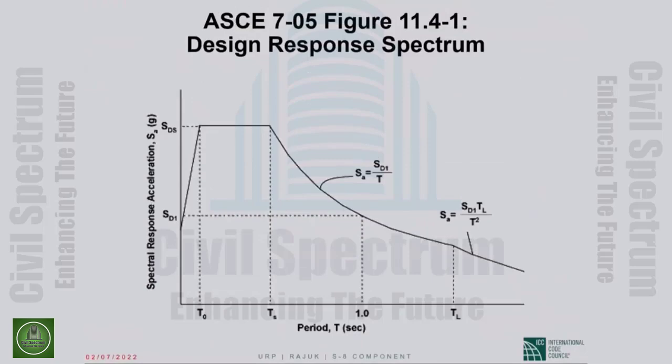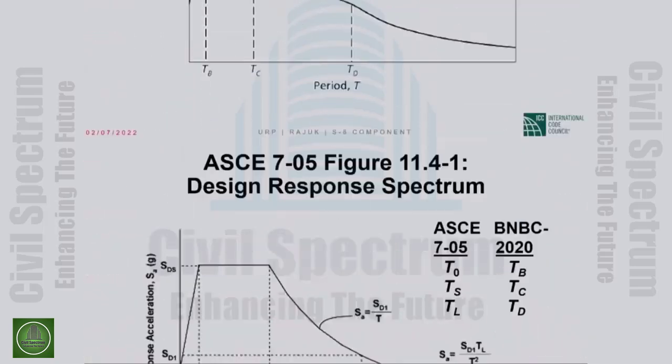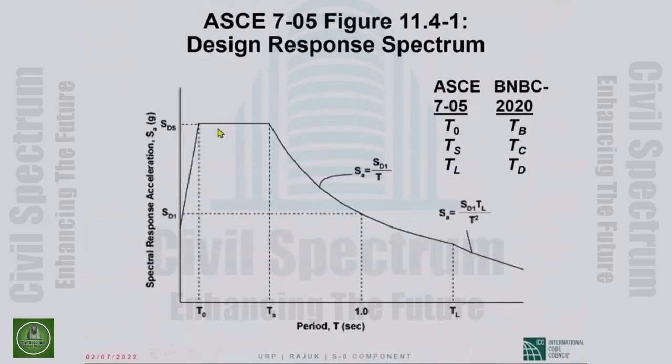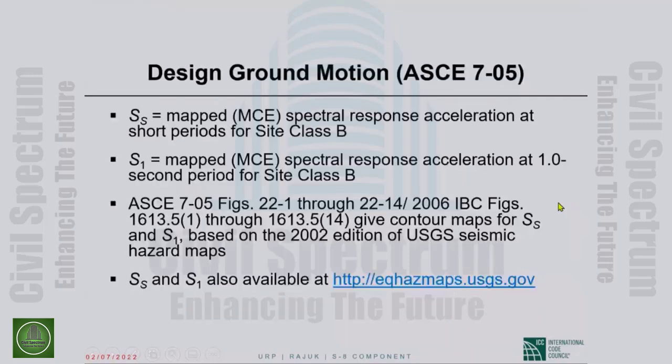And S sub DS, I indicated to you, is the ordinate to the design spectrum at a period of 0.2 second, and S sub D1 is the ordinate to the design spectrum at a period of 1.0 second. If we know those two, we can draw the spectrum, except we also will have to know T sub L, the long period transition period.